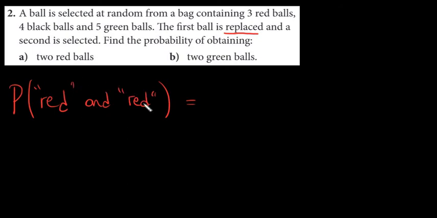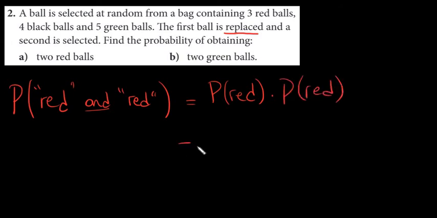That means I can multiply because I have here and. The probability of getting red times the probability of getting red. So what's the probability of getting red balls? We have 3 red balls over the total number of balls. What's it? 7 plus 5, 12. 3 over 12 times 3 over 12.